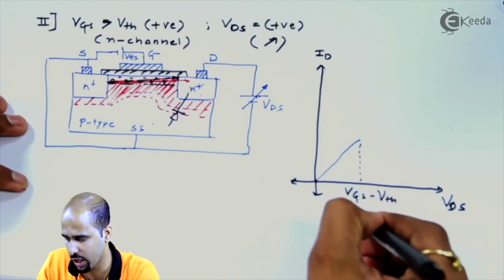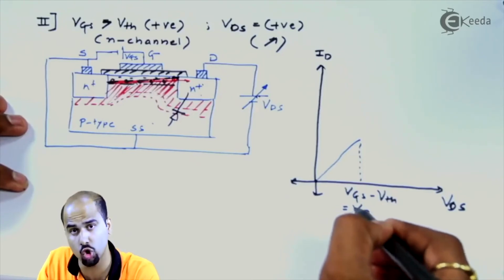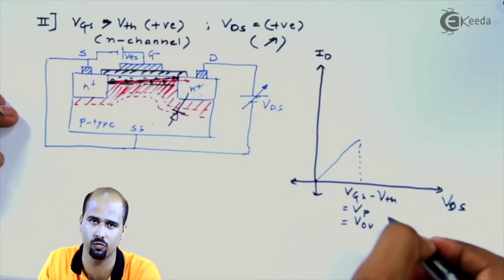It is also called VP, the pinch-off voltage, and also VOV, the overdrive voltage.